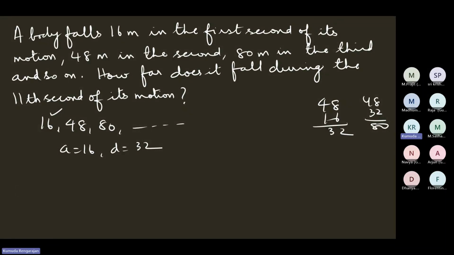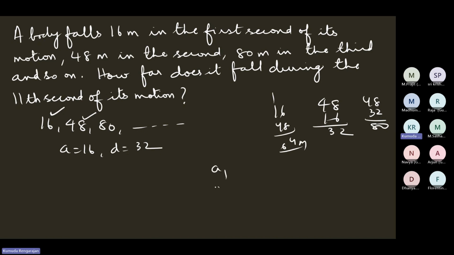So here the numbers 16, 48, 80, what do they represent? 16 is the distance covered by the object in the first second. 48 meters is the distance covered by the object in the second. So in 2 seconds, the body covers a distance of this much, 64 meters.